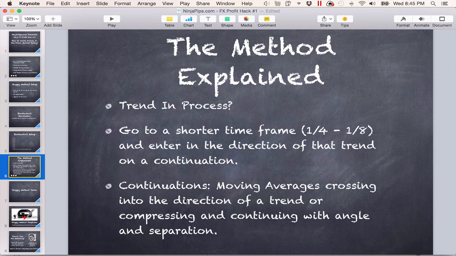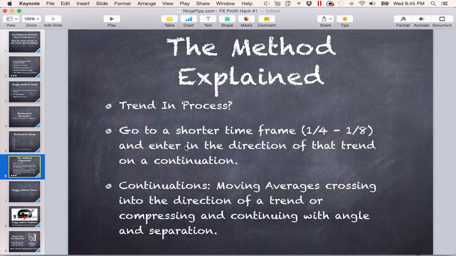Now the method. It's super simple. These are the only things we're going to follow in this method. First thing, we're going to notice a trend in process. Then we're going to go to a shorter time frame.